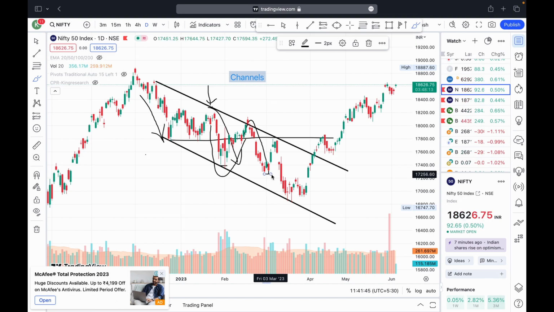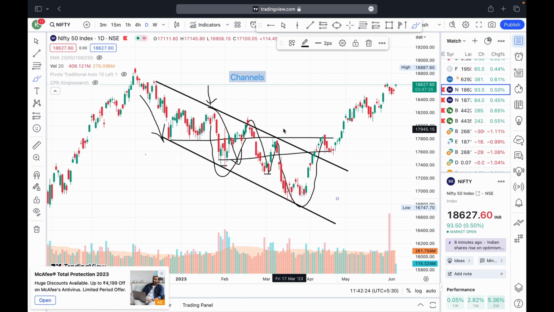So they are able to make a new lower low and again go up. So basically they are not respecting this SNR also. Again the sellers push down the prices and they make a new lower low. Again the prices move up. They almost make the same height of prices that they made last time.